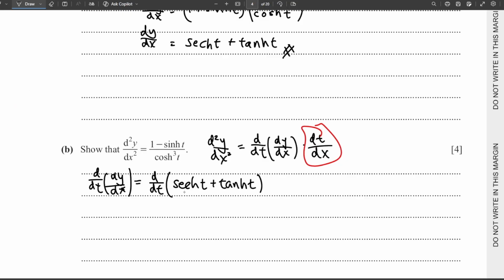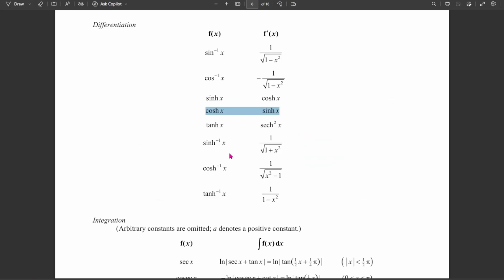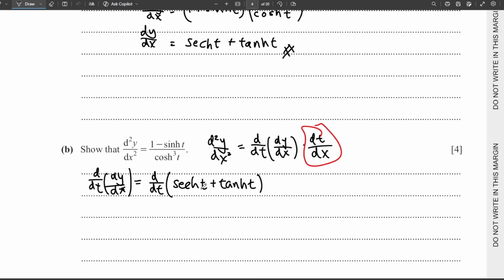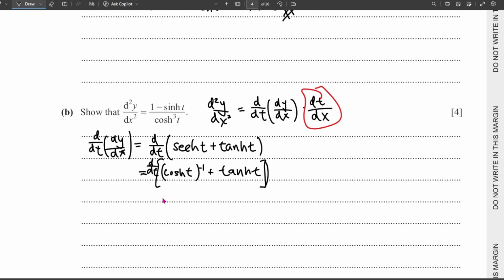And again, hyperbolic secant is not given in the lookup table, so you just treat it as cosh to the power of -1, hyperbolic cosine t to the power -1. So you take the derivative of this, plus hyperbolic tangent of t. Just treat it as usual.